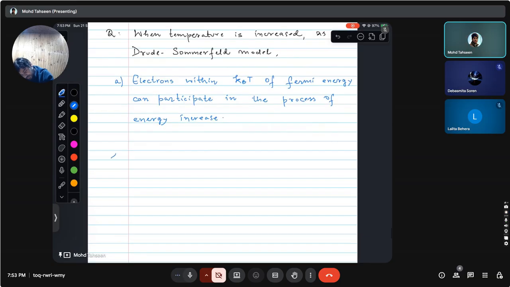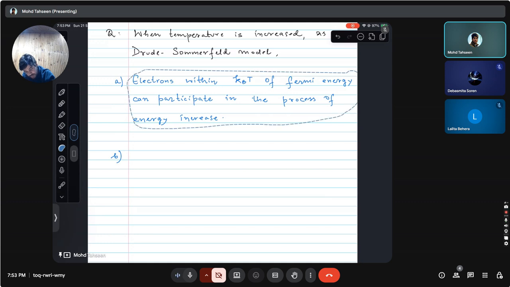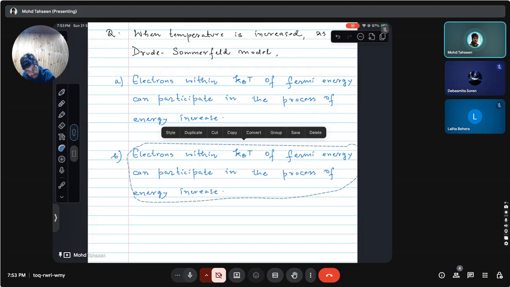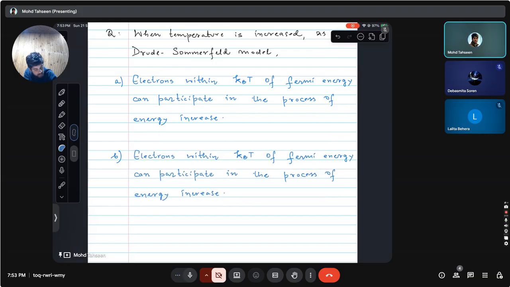Option B is the same thing, but instead of Fermi energy, it says electrons within kBT of zero energy.